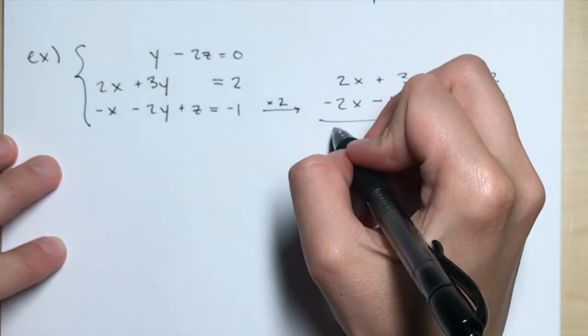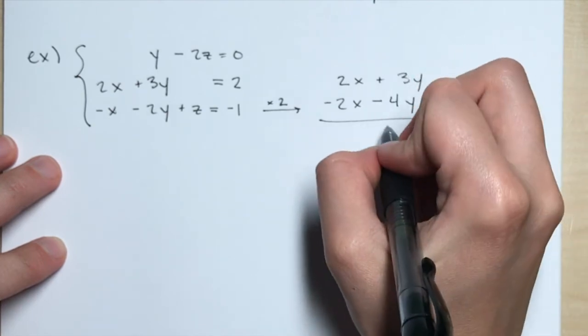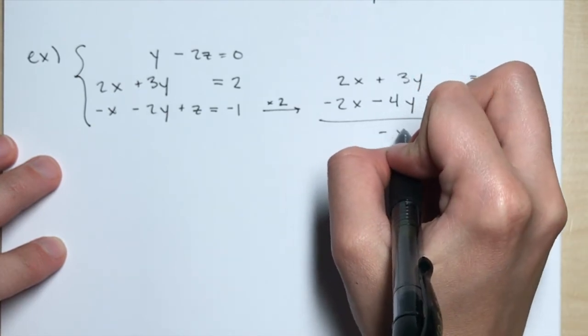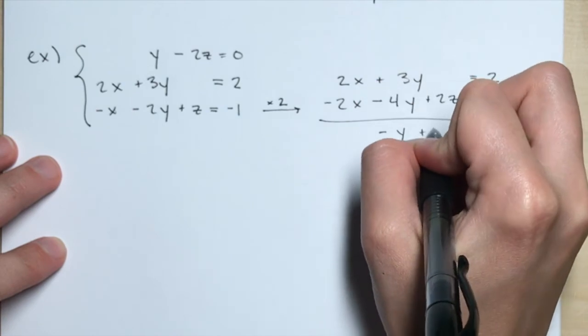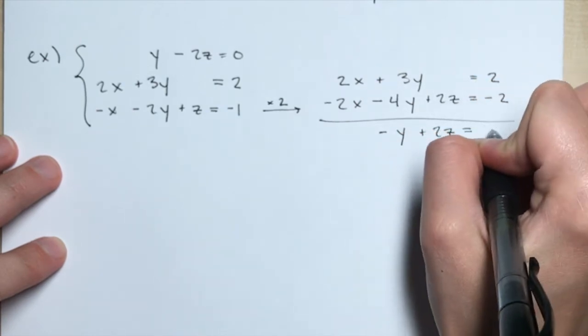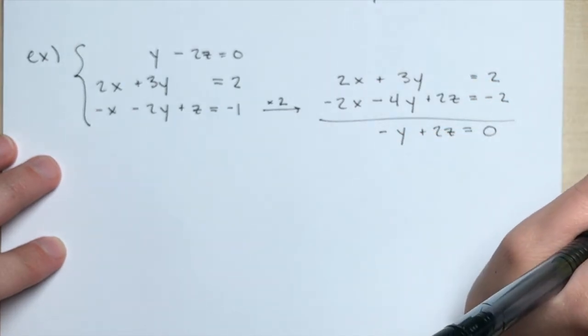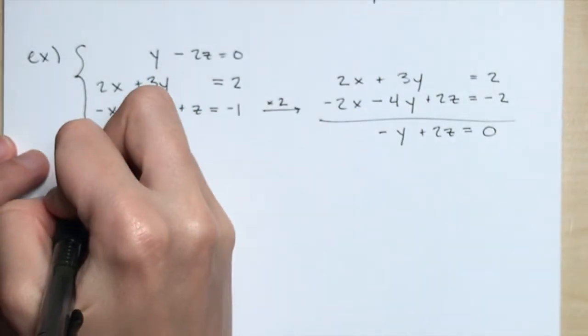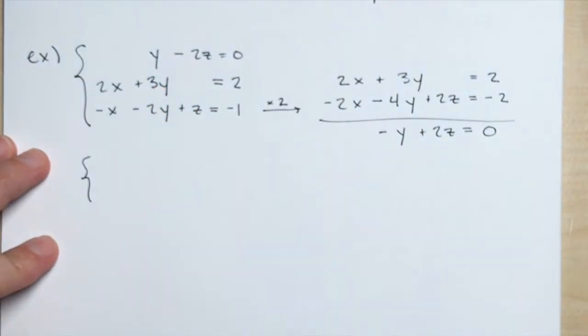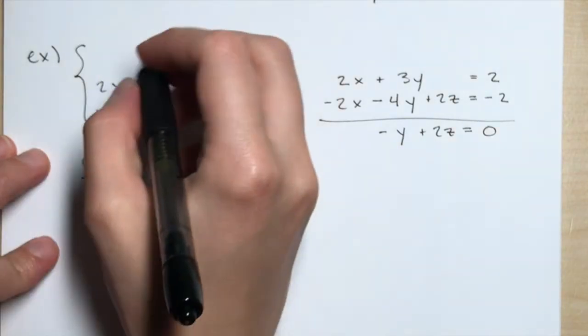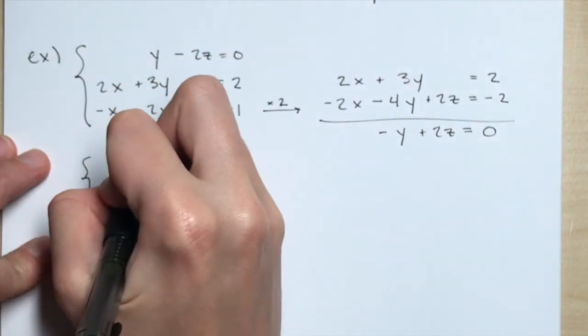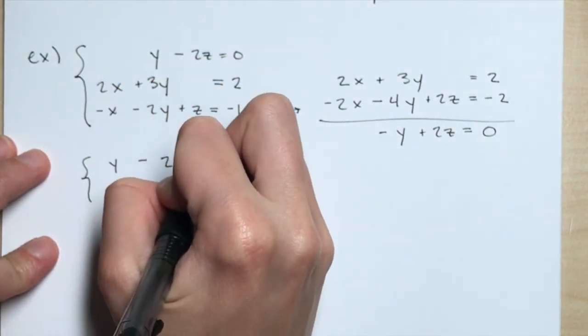So I end up with 0x minus y plus 2z equals 0. All right, let's write our new system of two variables. So my first equation was y minus 2z equals 0.